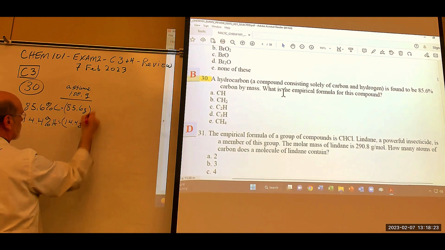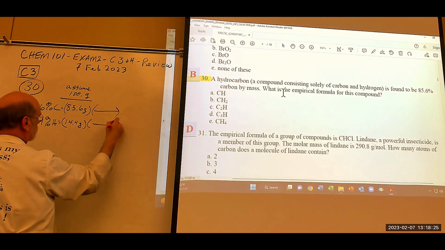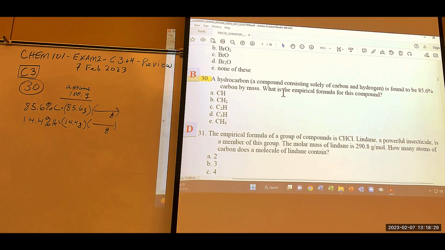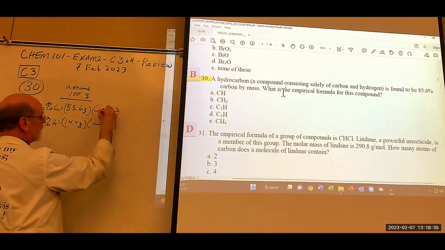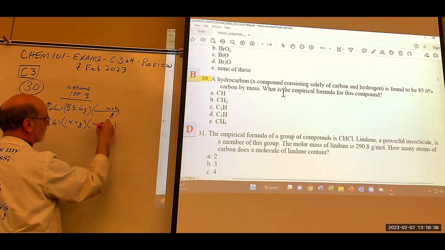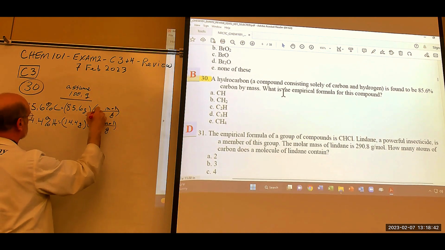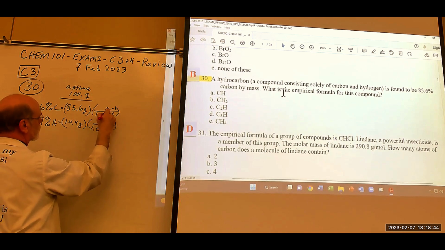And we can convert these to moles because the formula of a compound is a ratio of numbers of atoms, not mass. So it has to be converted to moles. Hydrogen is 1.01 here, and carbon is 12.01.